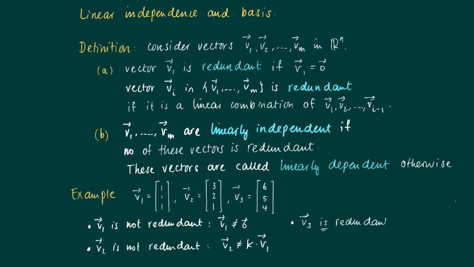Now v3 is in fact redundant, since v3 is 3 times v1 plus v2. So if we look at v1, v2, v3, then these vectors are linear dependent.